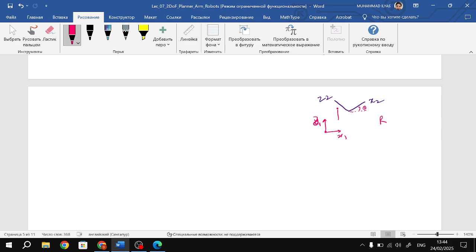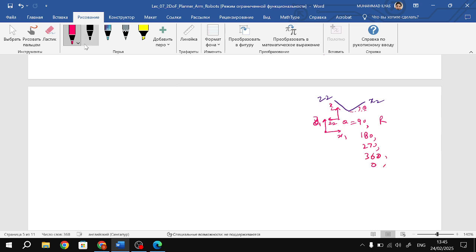If your x-axis goes here and the z-axis goes here, we still have an angle, but now the angle is 90, right? Again we can rotate 90 more. Theta can be 90, 180, 270, 360, or 0.